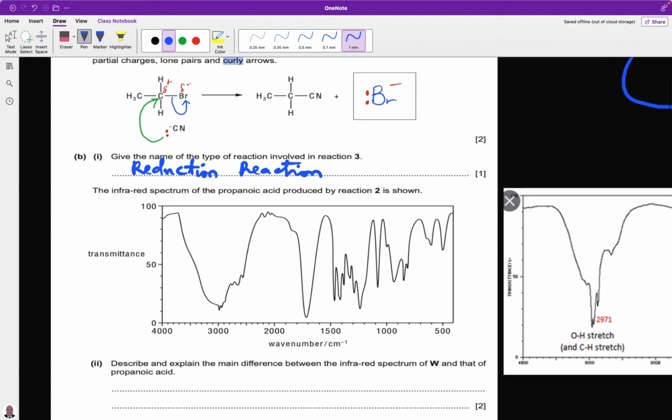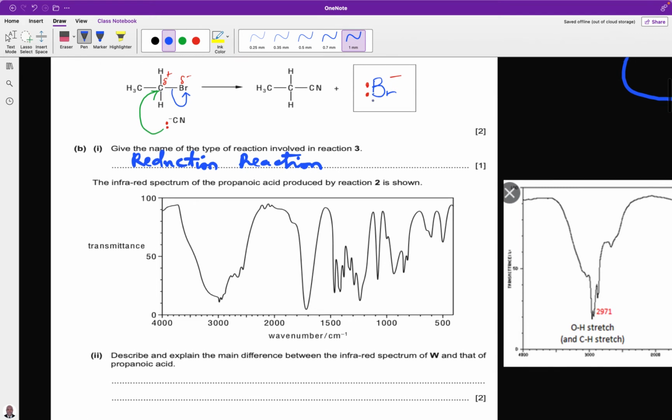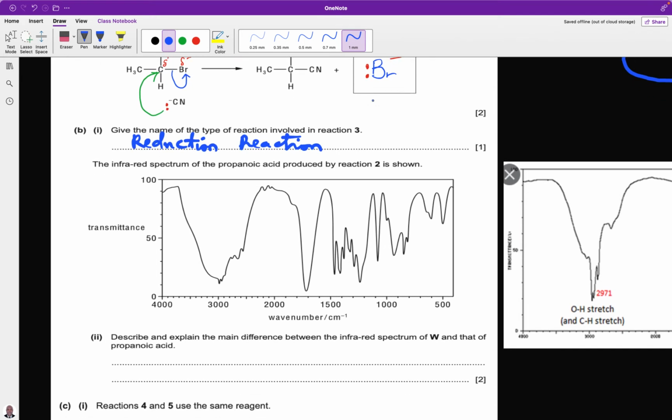This is the infrared spectrum with wave number from 500 to 4,000. The transmittance is there. You have seen it well.